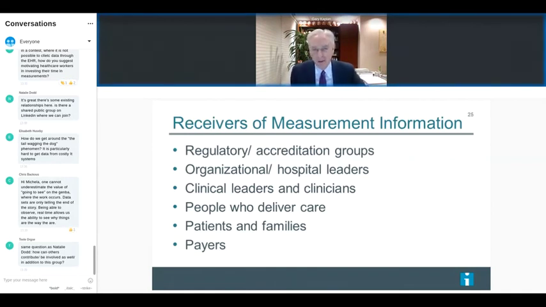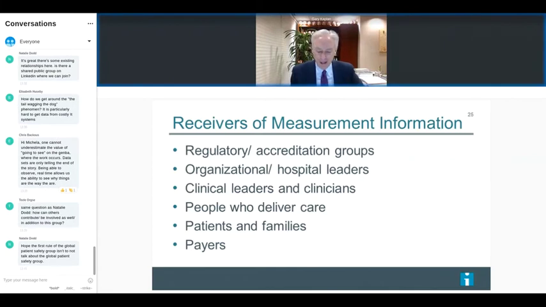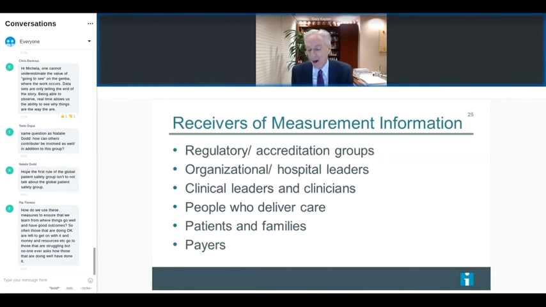Regulatory and accreditation bodies, hospital and organizational leaders like myself, clinical leaders and clinicians who are on the front lines of delivering care, nurses, physicians, pharmacists, those who are at the so-called sharp end of care, the people who deliver care, patients and families certainly, and our payers. Depending on how our various systems are financed, how the payers think about quality and safety will be critically important as well.